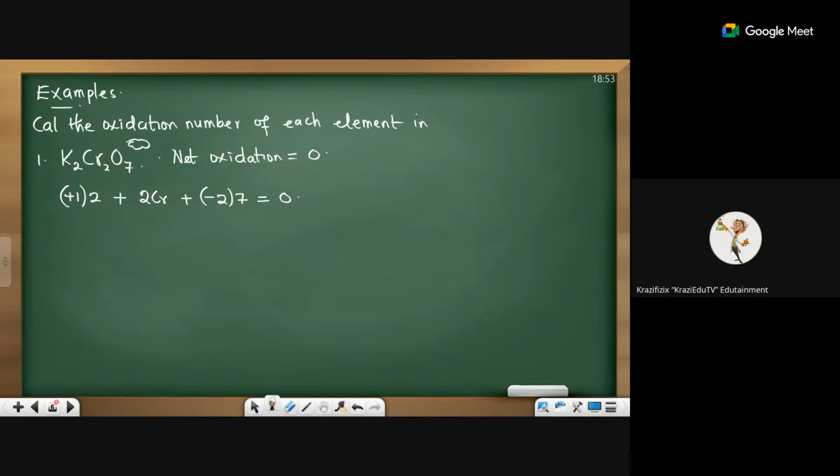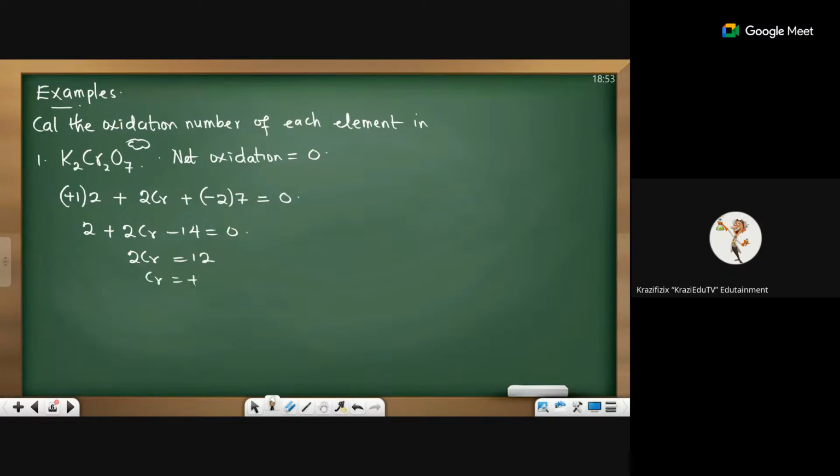Oxygen is in group 6. So oxidation number is what? -2. Standard, except in peroxides. Oh, let's do the maths now. 1 times 2 would give us 2. 2 plus 2Cr minus 14 equals to 0. 2Cr equals to what? 12, +12.